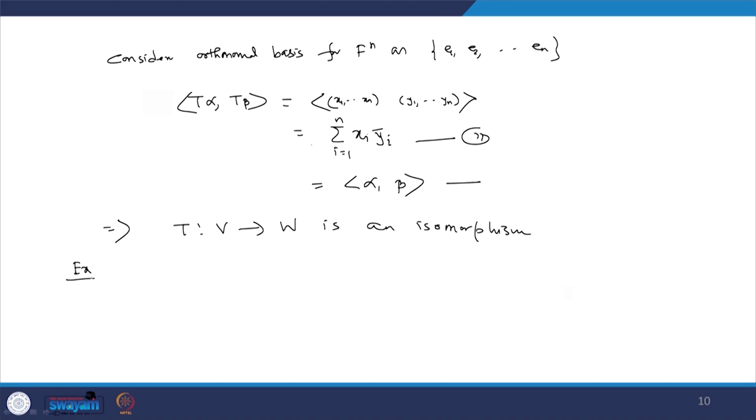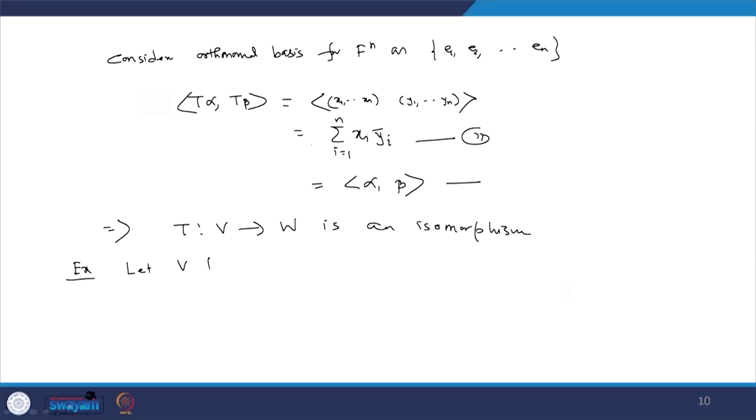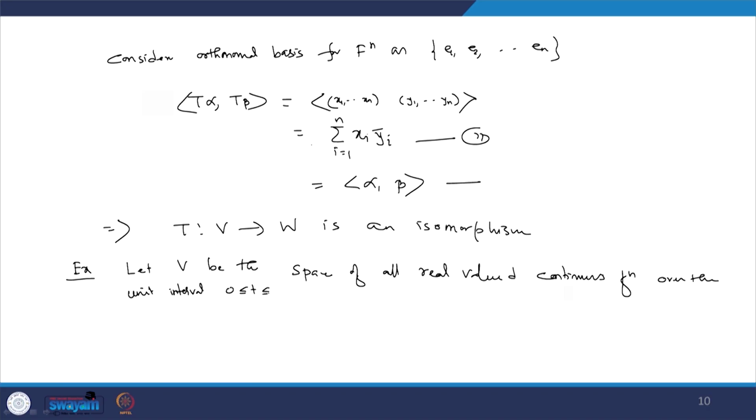Let me take another example where I want to show that a linear transformation between two inner product spaces may preserve the inner products without being an isomorphism. So, let me consider this, let V be the space of all real valued continuous functions over the unit interval, 0 less than or equal to t less than or equal to 1.